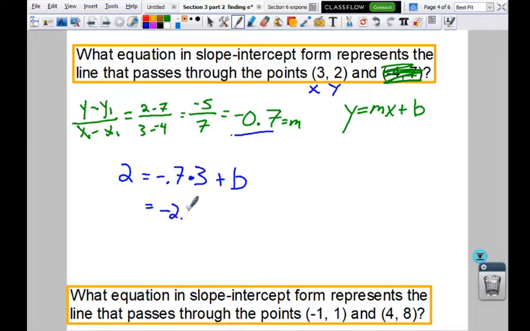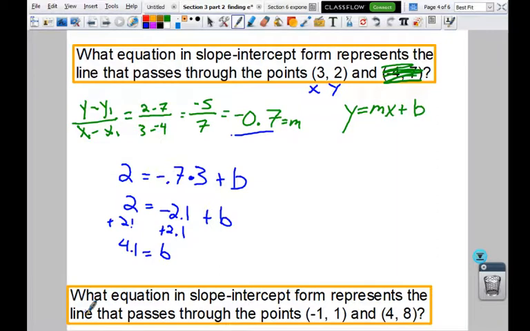Yeah, negative 2.1 plus b, and I still have equals 2. Alright, we're still not quite done yet. What do I have to do next? Plus 2.1 on both sides. Alright, and we get b equals 4.1.